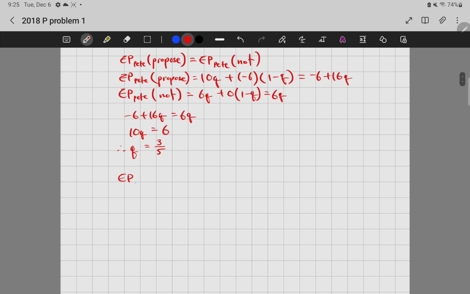The expected payoff for Ariana, or Ari to shorten, of proposing should be equal to the expected payoff of Ari not proposing.